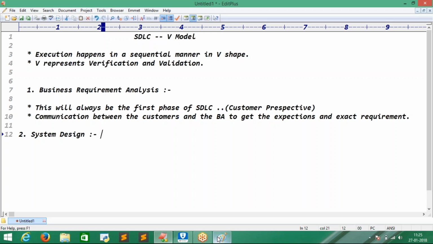When I'm talking about system design, it means the detail of the requirement.